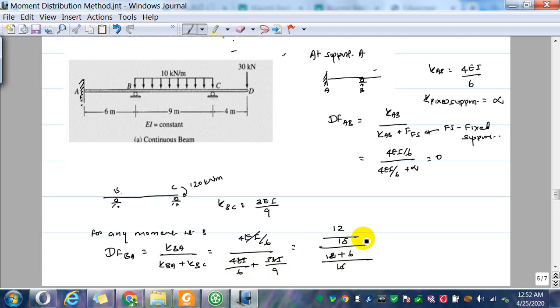So that is 12 over 18 into 18 over 18. So that is 2 over 3.